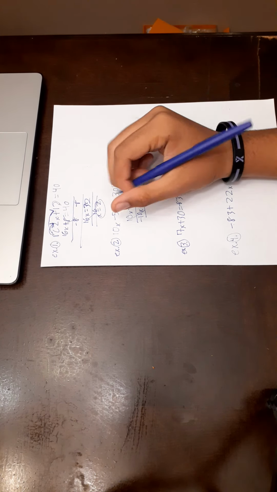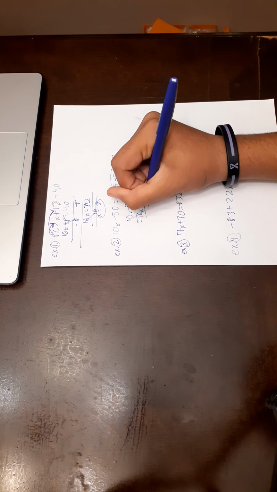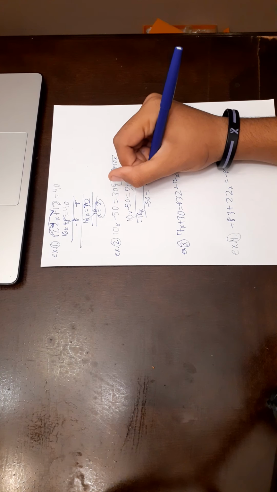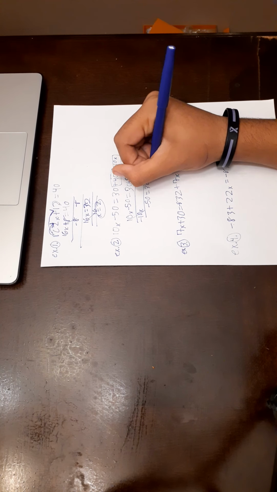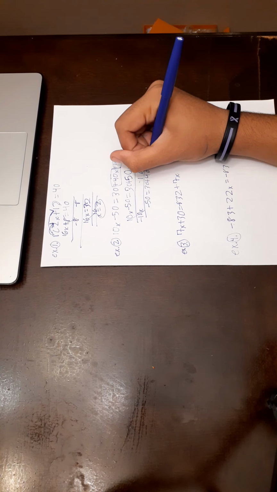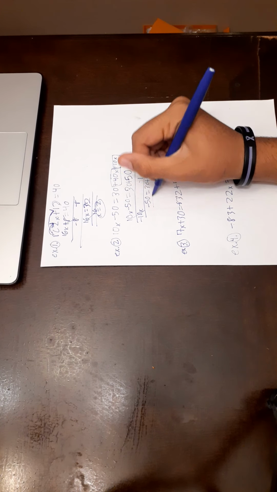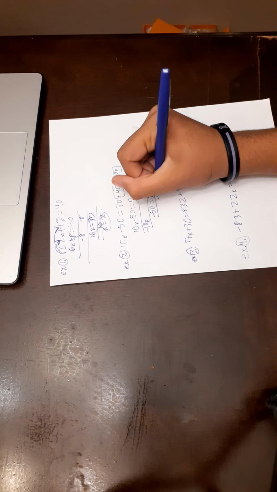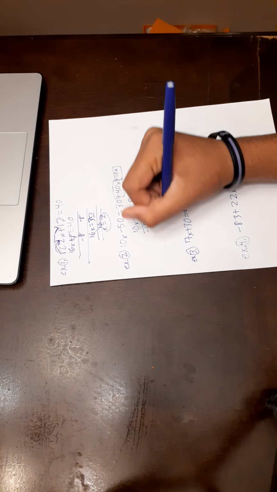So then it would be negative 50 equals 30 plus 40x. Then you just solve a multi-step equation. So you subtract the 30 on both sides to cancel it out.